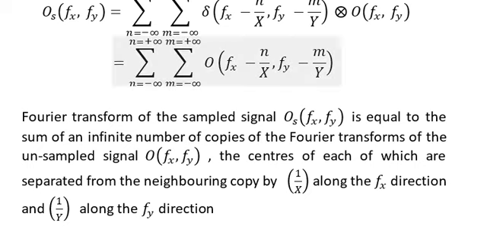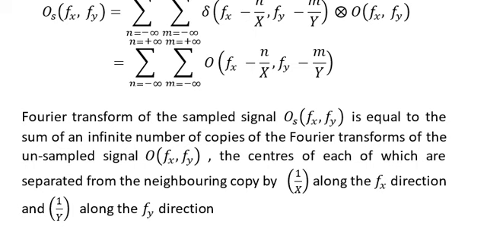From this mathematical expression you can see that this O, the original Fourier transform evaluated at fx minus n over X comma fy minus m over Y, provides you the infinite number of copies, going from n equal to minus infinity and m equal to minus infinity to both plus infinities. So a large infinite number of copies of the original signal are present.